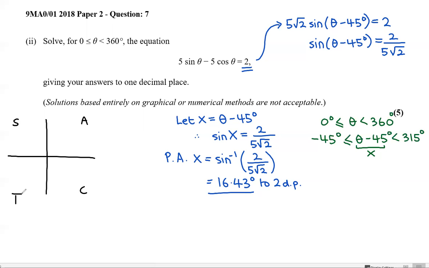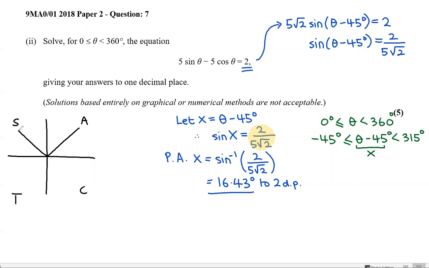We just need to check which quadrants we're going to put our principal angle in. So we look at the sign, as in, is the value positive or negative that we're equating? Well, it's a positive value, isn't it? So we have to use the first 2 quadrants. So it's going to go in here and here.